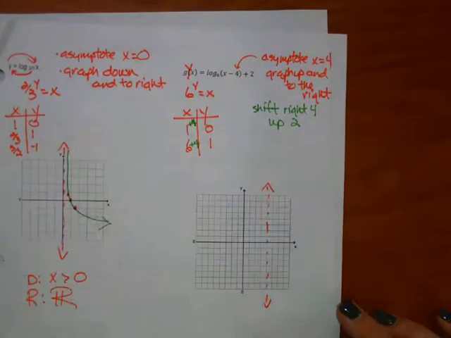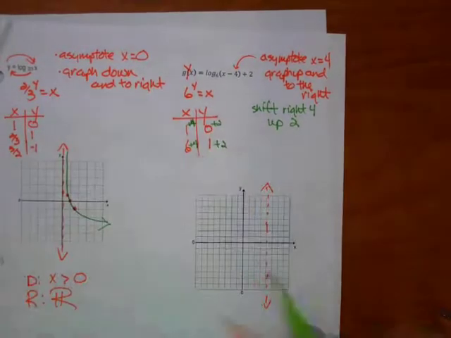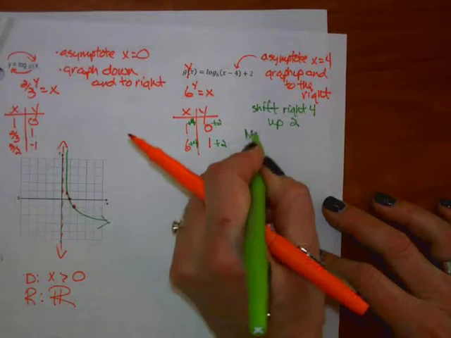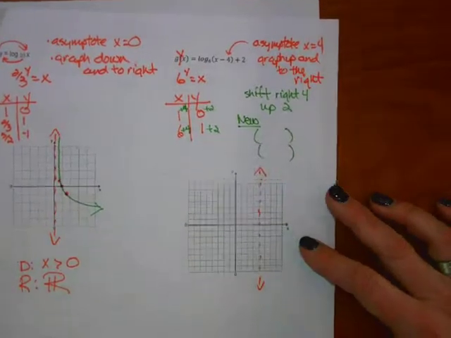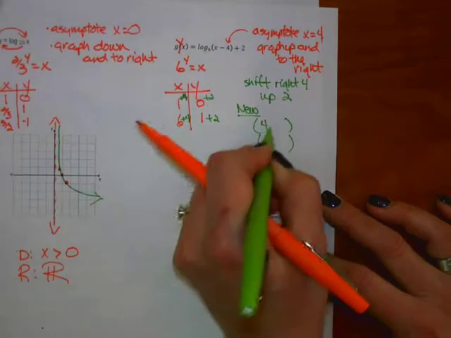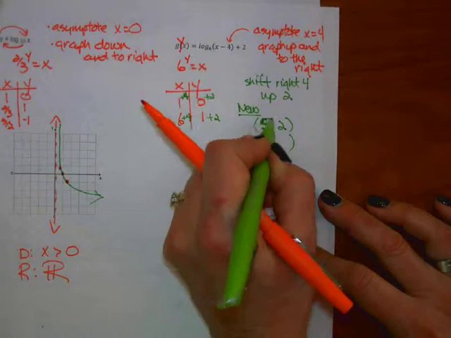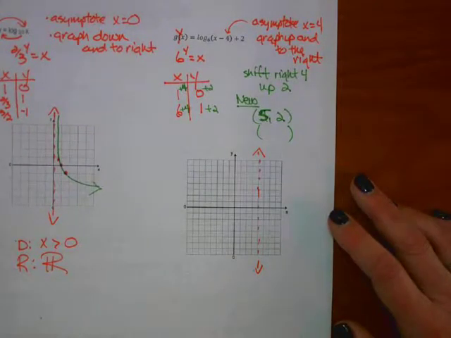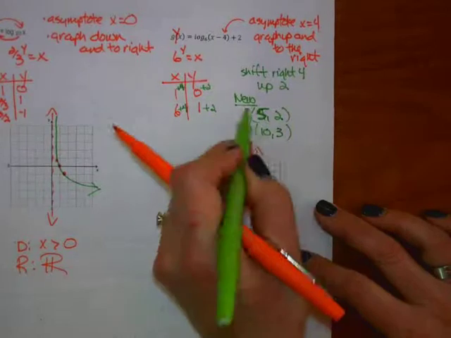And what am I going to do to my y coordinates? Add 2. So I can write my new points. Would be 4 and 2. I can add 5 and 2. And 10 and 3. So this is what I'm going to plot.